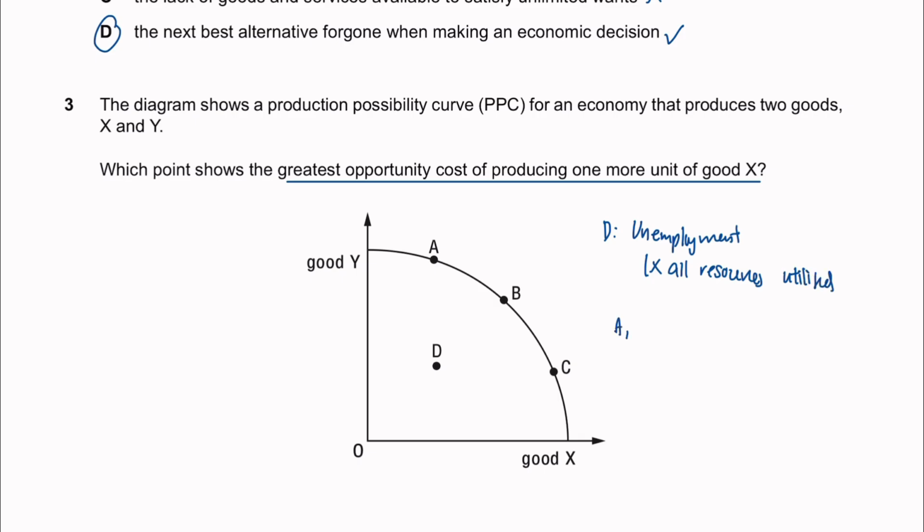So we can see A, B, and C. They are the most efficient point because they use all the resources in the economy to produce good X and good Y. So when you reach the most efficient point, moving along the curve, you will need to involve some opportunity costs. So let's just draw a line.